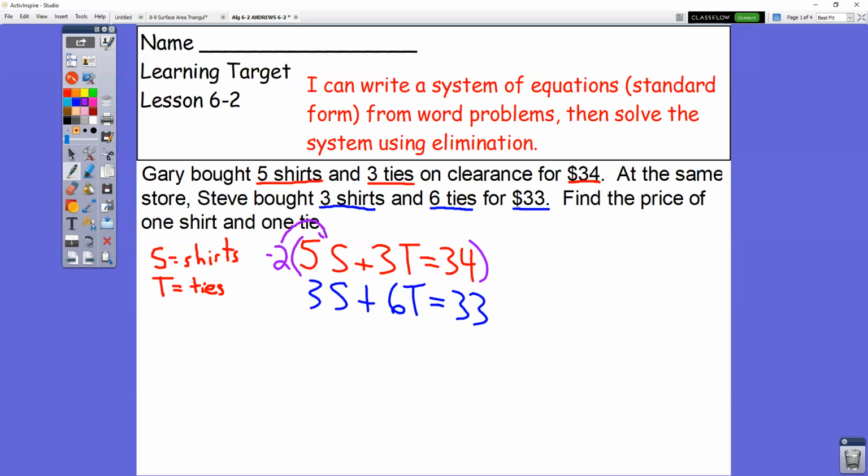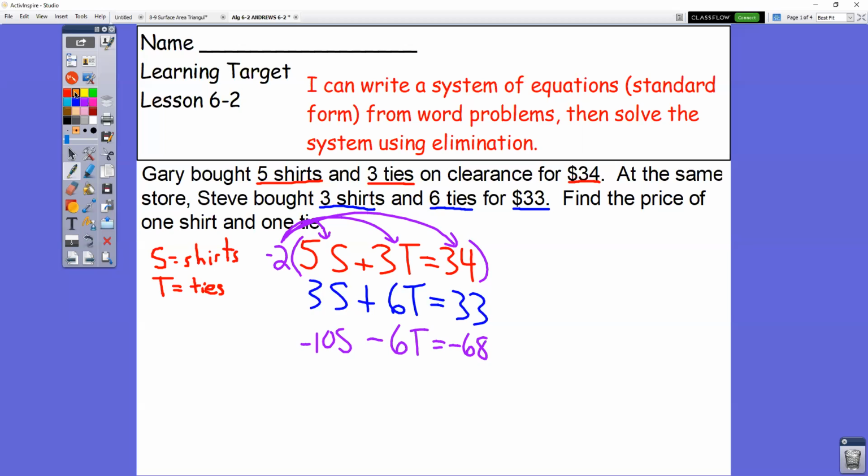I need to remember that we need to distribute, distribute, and distribute. Remember to distribute all 3 times. So when I distribute, I have -2 times 5s, which is -10s. I have -2 times 3t, which is -6t. And then I have -2 times 34, which is -68.